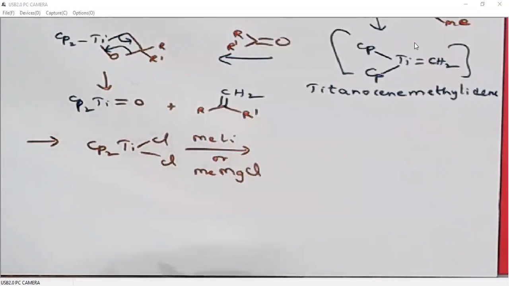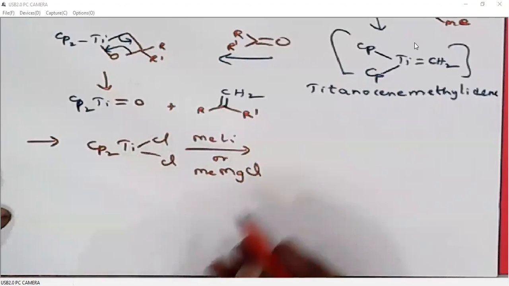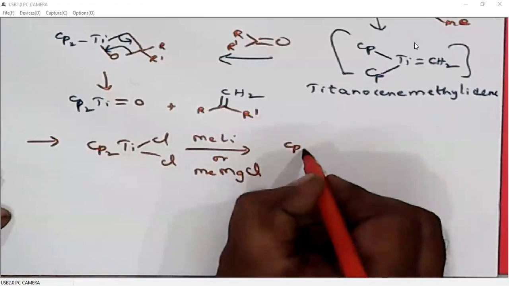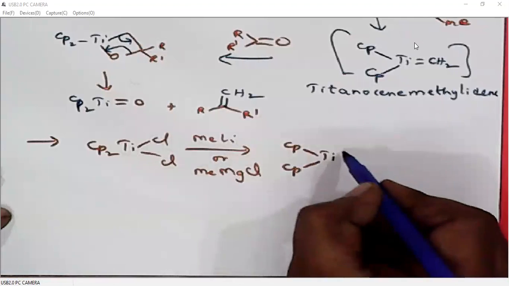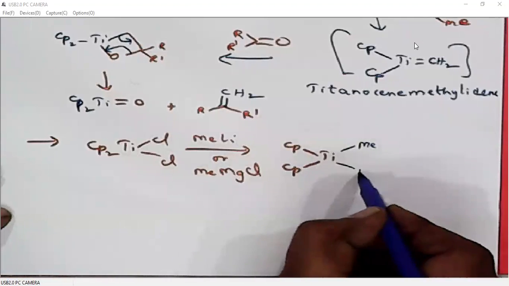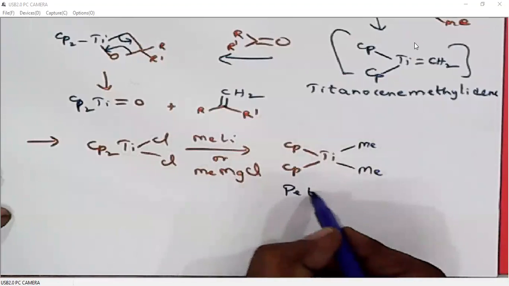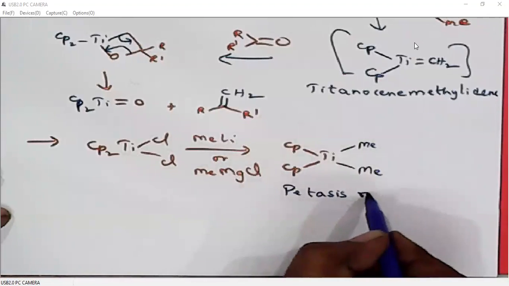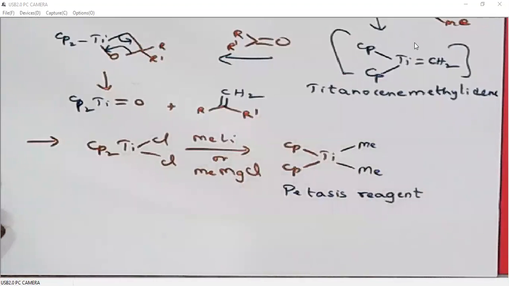When we treat these, two halogens are good leaving groups, so they can be replaced with methyl groups. Titanocene dimethyl is called Petasis reagent.